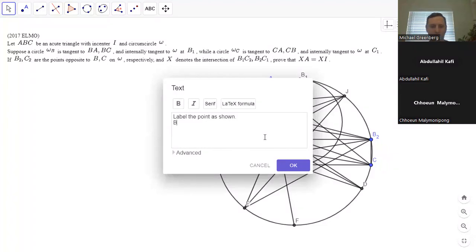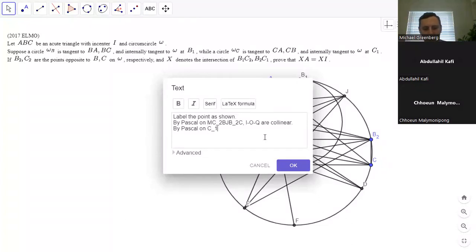So first by Pascal on MC2B, JB2C, I, O, and Q are collinear. By Pascal on, I'm just going to type them all up and then you can look them over.